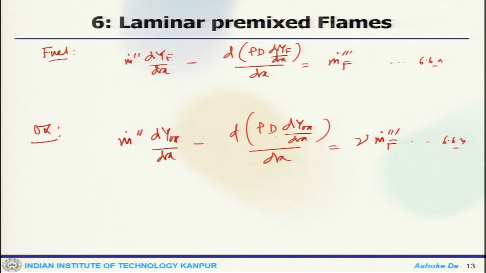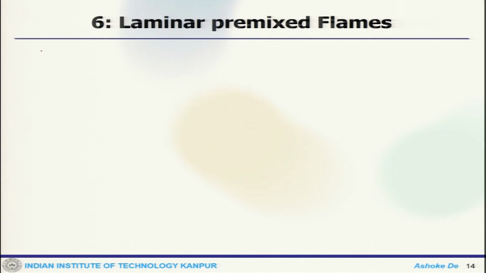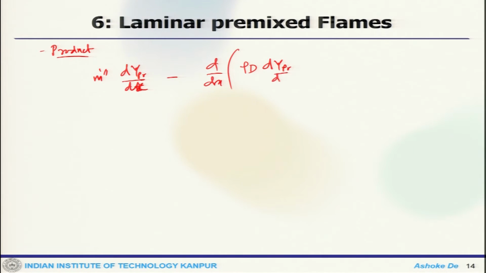Now, similarly, we can write for the products. This would be m dot dYproduct/dx minus d/dx of rho D dYp/dx, which is minus nu plus 1 times m dot triple dot f.